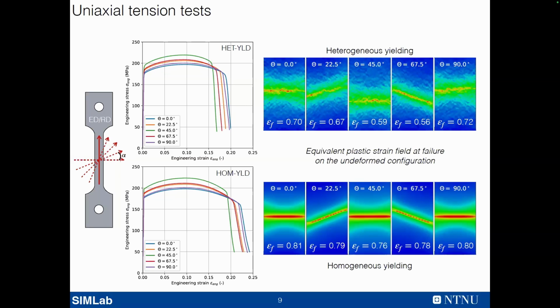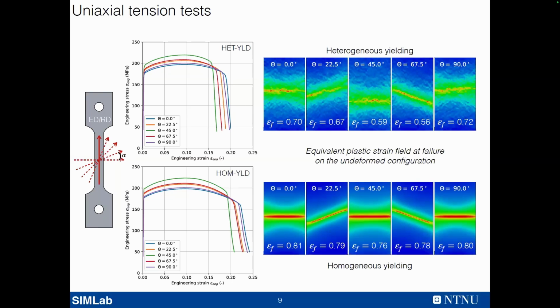If we look at the fields, like the equivalent plastic strain field at the end of the simulations, and put it back on the undeformed configuration, the very big difference is what the field looks like. You can see that in the homogeneous yielding model, we get a very smooth distribution of plastic strain.